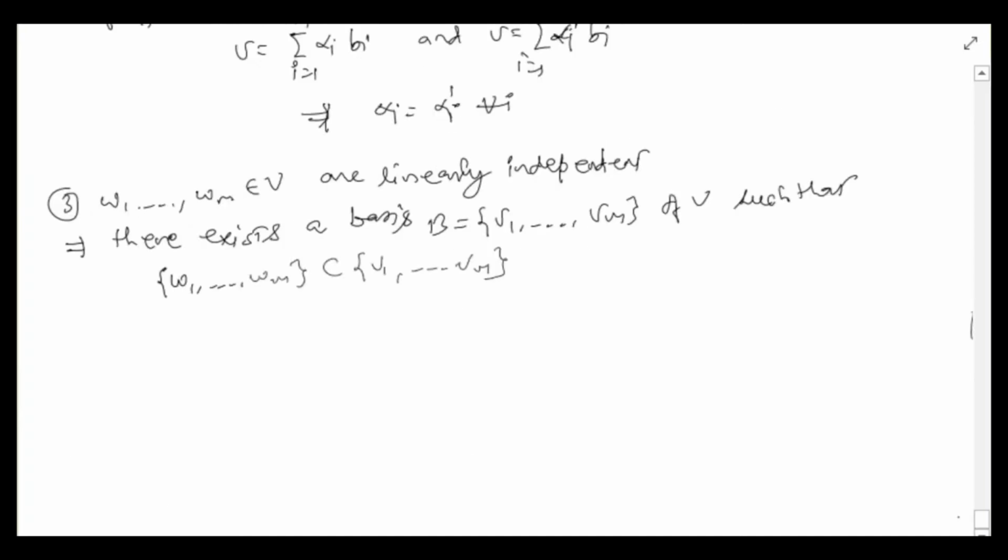Let's see what I mean via an example. Consider V equals R3. Notice that w1 equals 2, 0, 1 and w2 equals, let's say, 2, 2, 0. These are linearly independent.